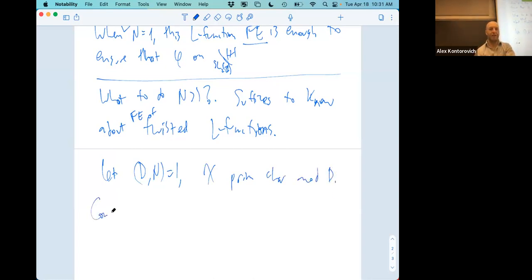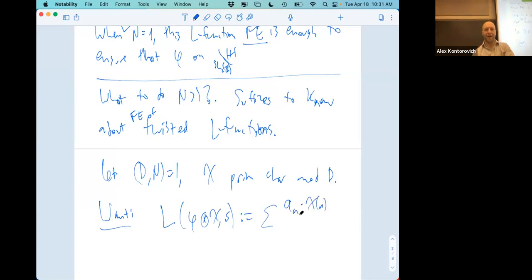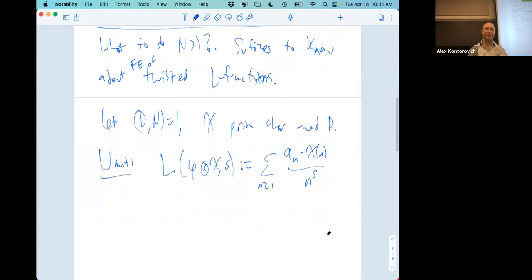Okay, and let's consider, so what I want is somehow to make the L function of phi twisted by chi, which means take the coefficients of phi, multiply by chi, divide by n to the s. Now, really what I want, that's the Fourier looking thing.